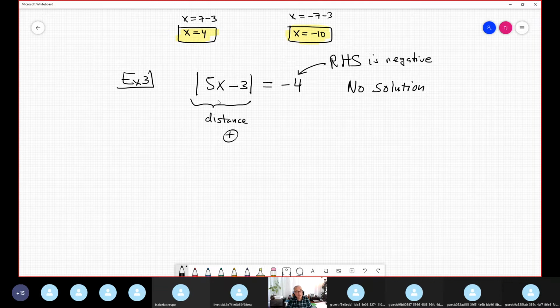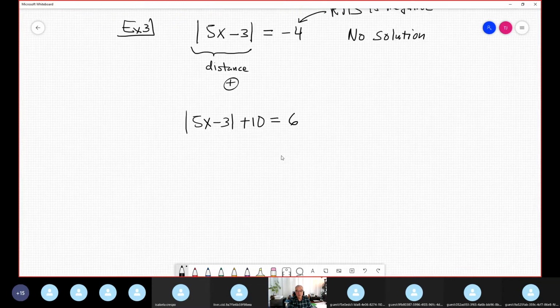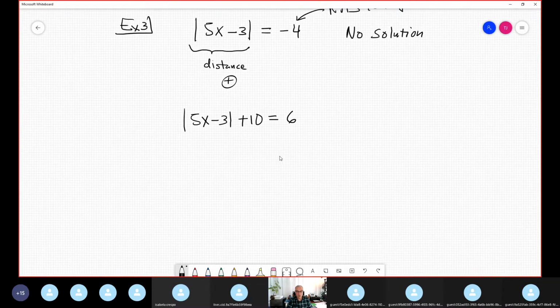But not always, this is elementary. Suppose I do something like that. Look, suppose the absolute value of 5x minus 3, plus 10, equals 6. So you see, the right-hand side is positive, it is 6. Do we have a solution? No. Why not?